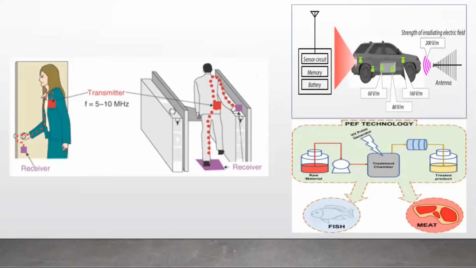So these are the applications of electric field. We have here sensors, transmitter and receiver. They serve as an imaginary wire or path for the activation of wireless devices, a field that works the same way in a vehicle.